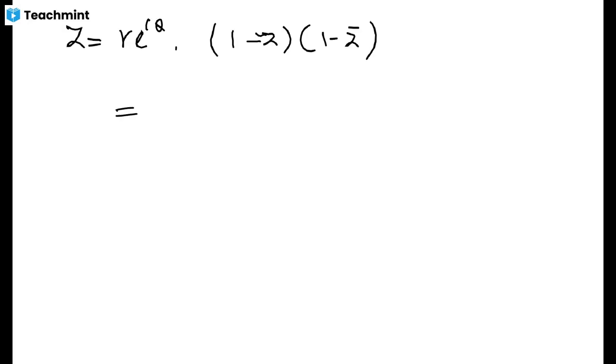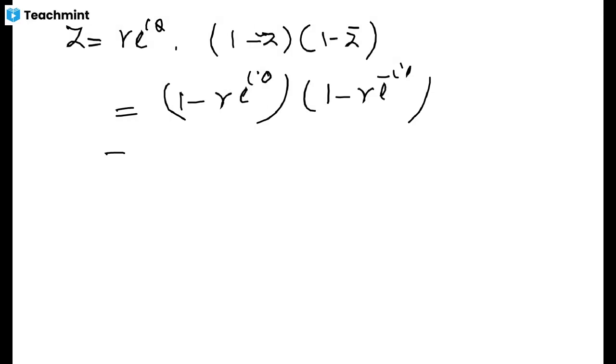So it will be 1 minus r e to the I theta into 1 minus r e to the minus I theta. Let us multiply these numbers and see what we have. 1 minus r e to the minus I theta minus r e to the I theta plus r square, and the rest will be cancelled out.